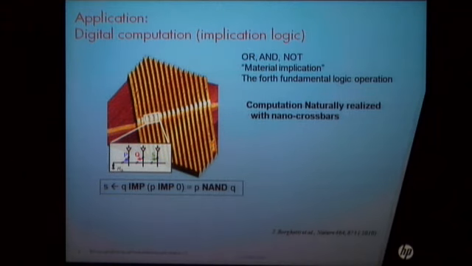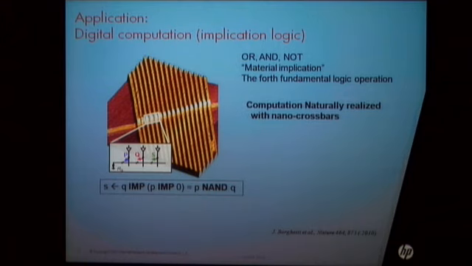This is the second application I'm going to talk about, for computation. In addition to natural memory applications, memristive devices can also be used for computation by using the so-called material implication, which is the fourth fundamental logical operation in addition to AND, OR and NOT. By using two memristive devices in the array, you can realize the implication logic.